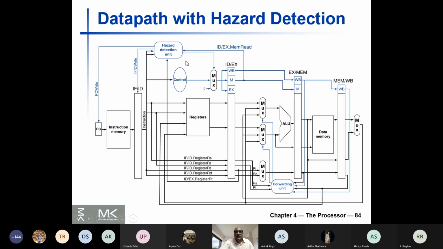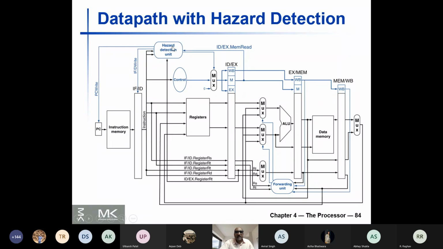That means the instruction in the execution stage should be a load instruction, and if the register operands of the present instruction in the decoding stage match the destination register operand of the load instruction, then the hazard will be detected.